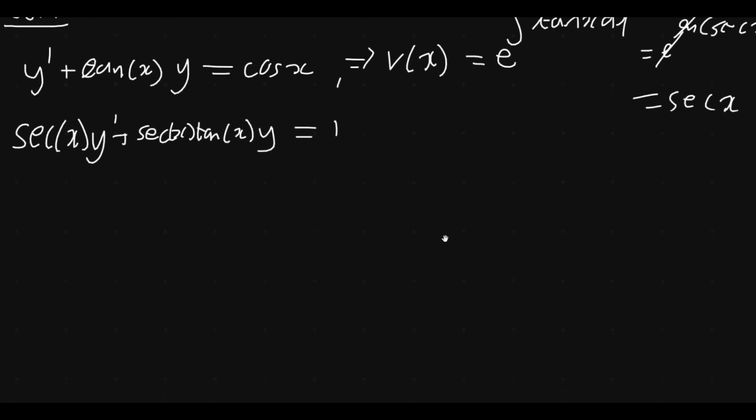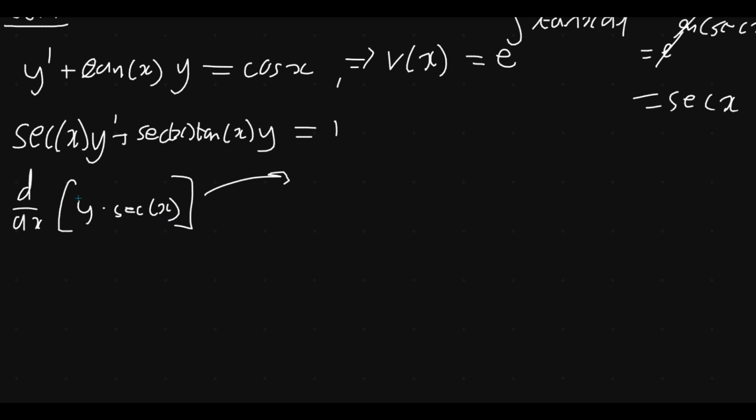Okay, very nice. Now notice that this is none other than the differential of y times secant x. You can verify this by taking the derivative of this. It's just going to be the product rule, fg prime plus f prime g.